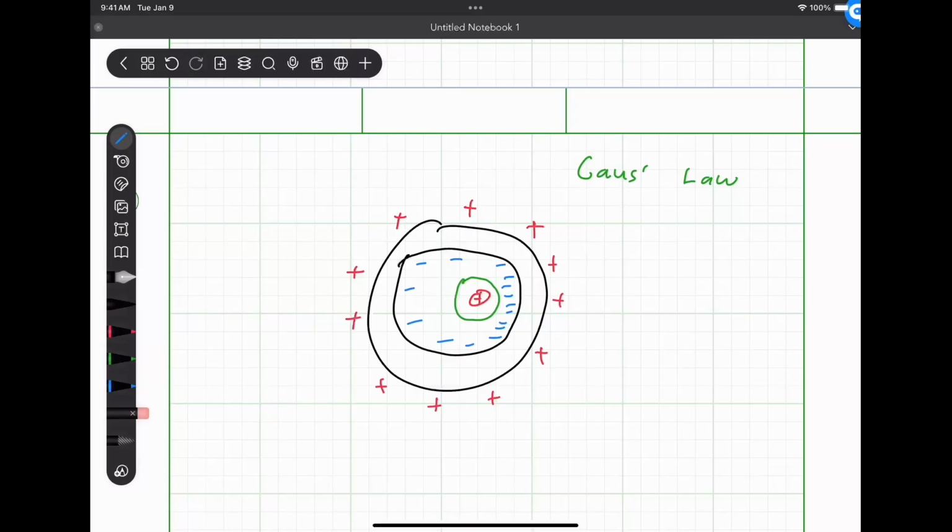Okay, so let's take my next Gaussian surface. So we know just around the positive charge, there's some kind of E field pointing outwards. Now let's take the Gaussian surface of only the inner surface and the positive charge. Here we see that we have a net charge of 0, right?